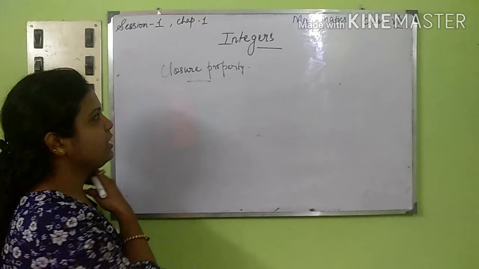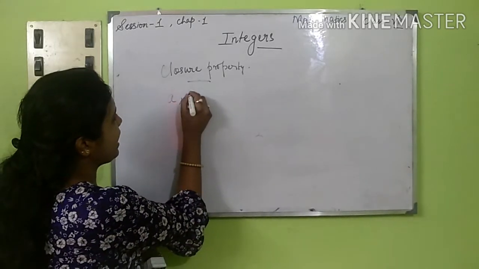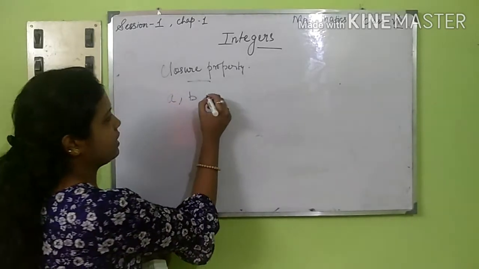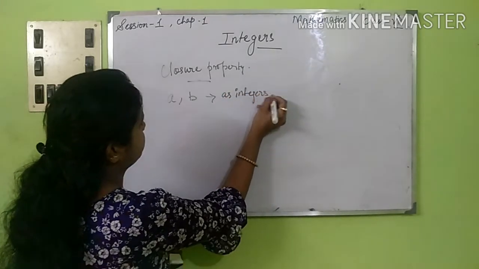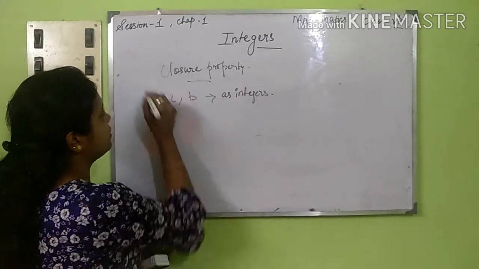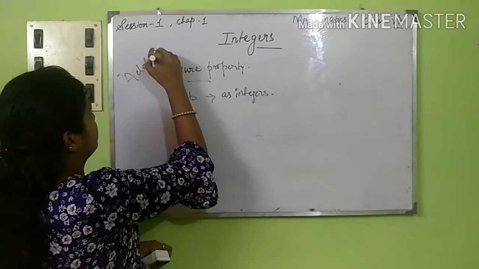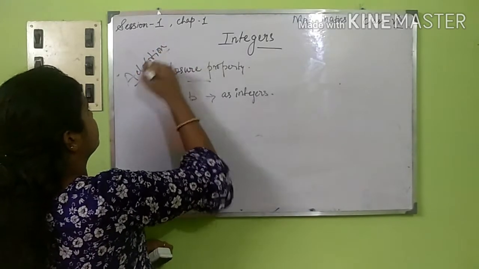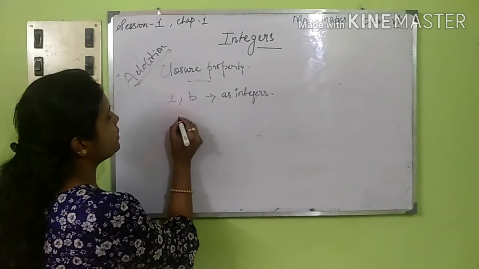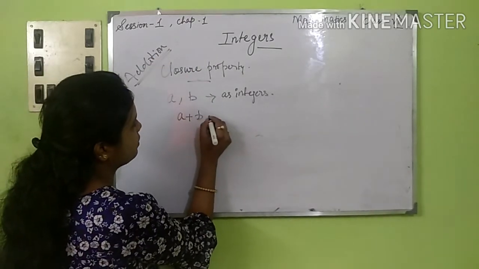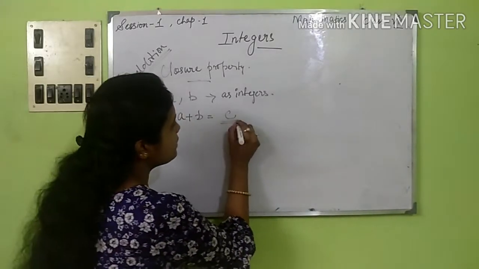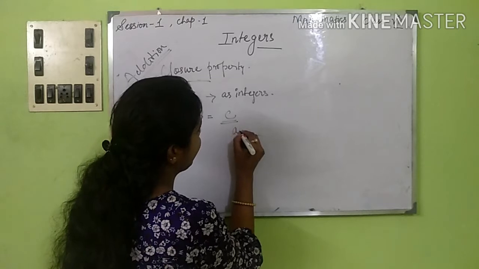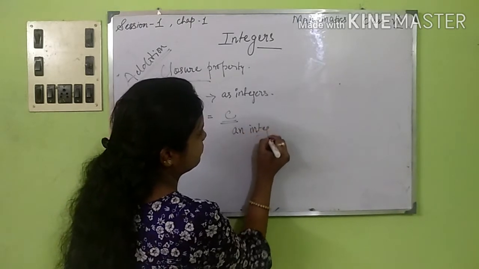Now for the closure property, as you know, if we take a and b as integers, then this is for addition. In that case, a plus b will be equal to c, and this particular c that we get is also an integer.